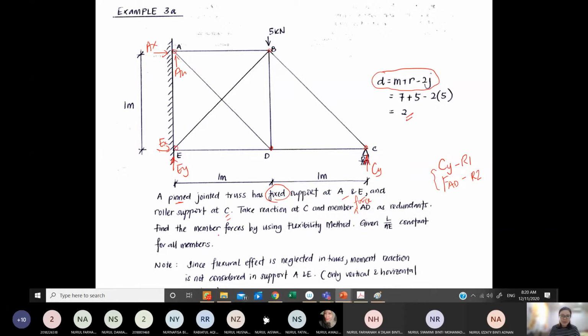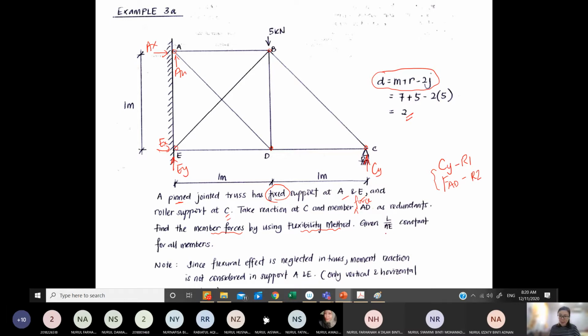So now find the member forces by using the flexibility method. Be careful. In your test, you need to answer according to the instruction. So now I request you to use the flexibility method. We are going to apply what we have learned in the last lesson.